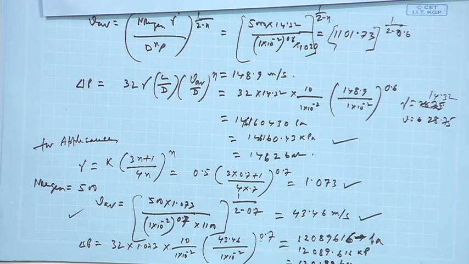So we have done it for 500, both velocity and delta P.